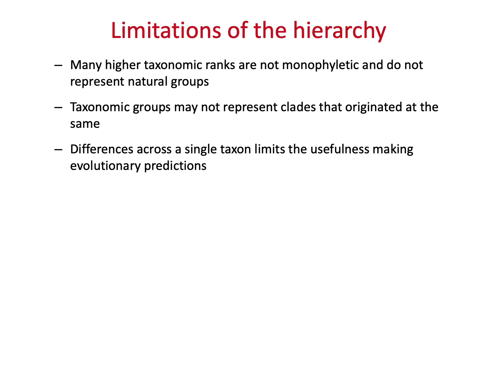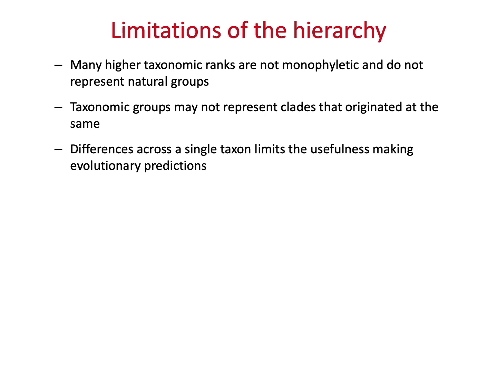So when you look at Reptilia, it is not a monophyletic group, and many of the higher levels of hierarchy are not monophyletic groups in Linnaean classification. So in Linnaean classification also, taxonomic groups may not represent clades that originated at the same time. One family may have diverged 70 million years ago. The other family might have had a lot more time to diverge and develop more adaptation.